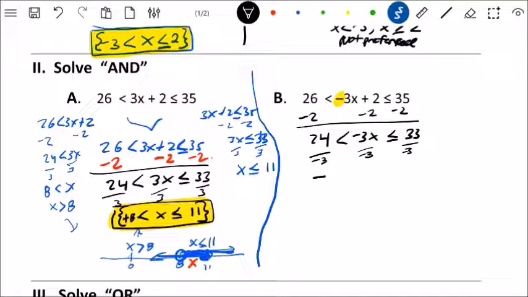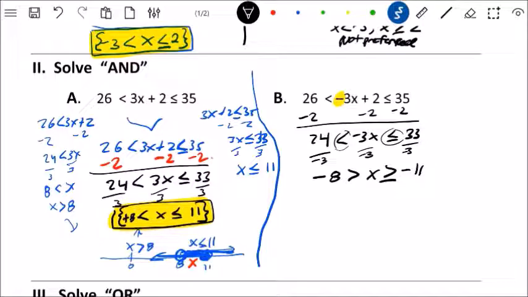So I get a negative 8 and a negative 11 for x, but I need to reverse the inequality signs because I'm dividing by a negative. So I get that, and I get this.